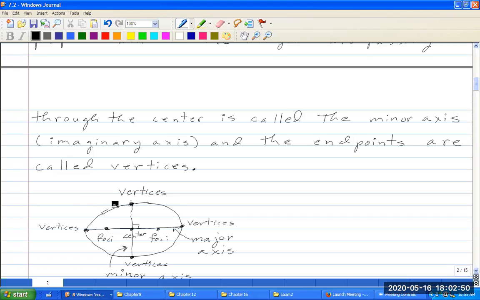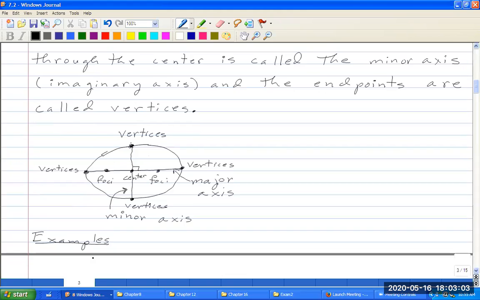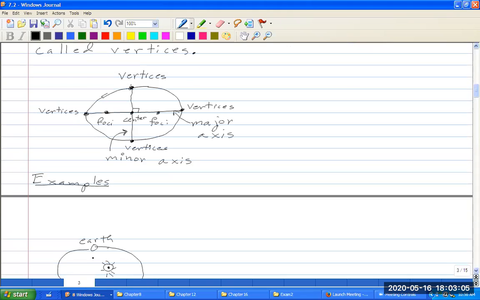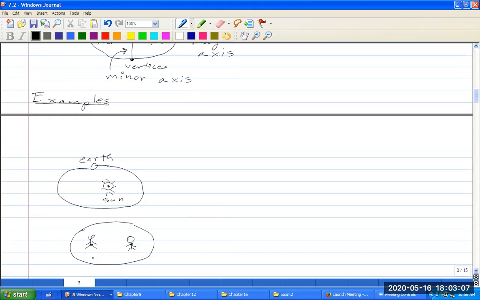There's also a bounding rectangle, but we usually don't say much about the bounding rectangle for ellipses at least. We do for hyperbolas.